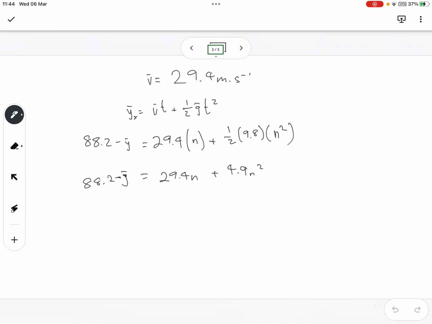Let's try the other equations of motion. It's V final equals V initial plus AT, right? So GT. Where the final velocity is 29.4 and the initial velocity is 0, that's just going to give us the first thing that we calculated, which was the velocity.